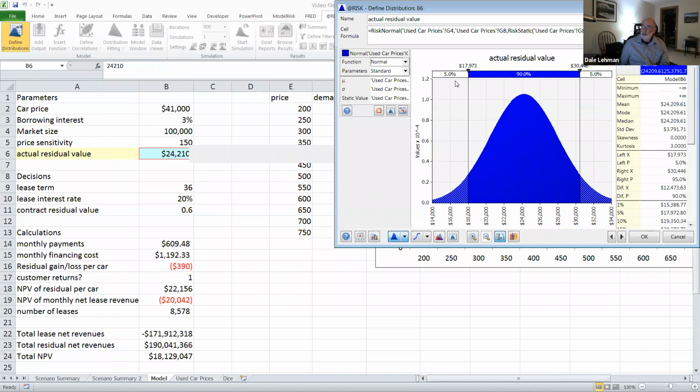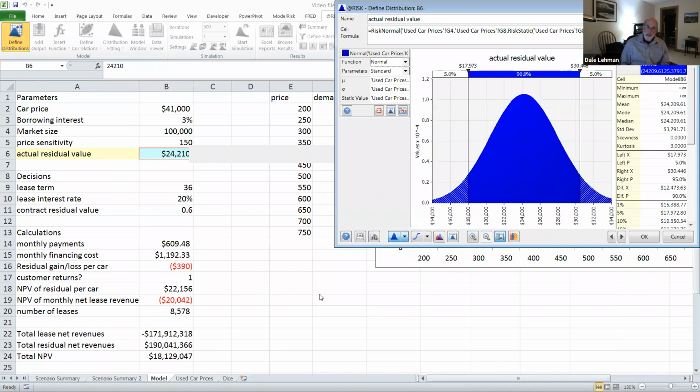In fact, about 5% of the time, it could be worth less than 18,000, when I only had, I think, one car worth less than 18,000 in my data. So by approximating my used car data with this distribution, you could say that I've introduced an inaccuracy, because I have things that don't happen in my data set that could happen.